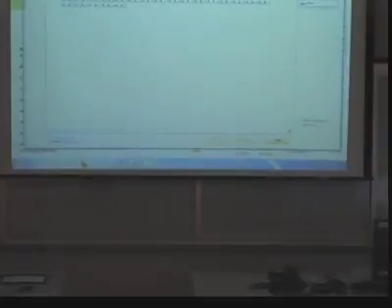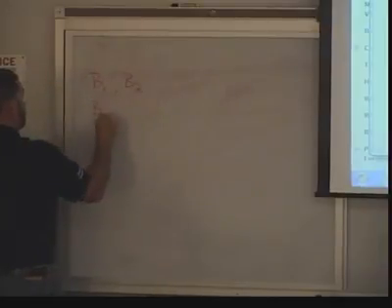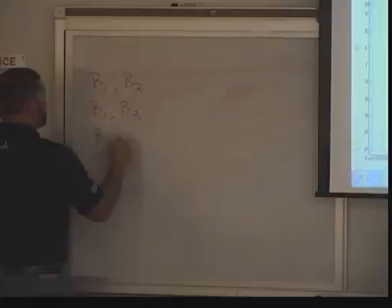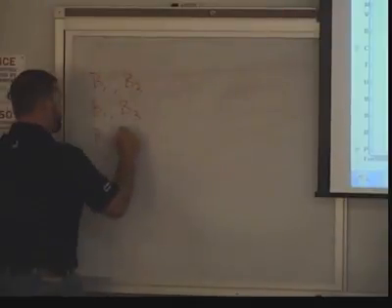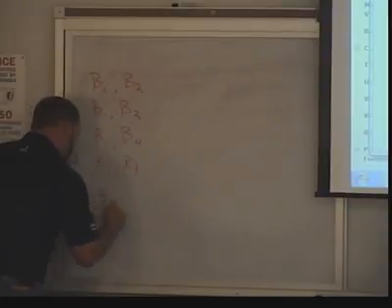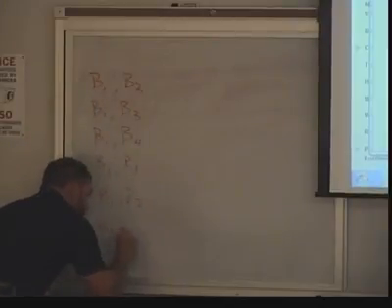So you would do B1 with B2, B1 with B3, and then B1 with B4, and then red 1, red 2, and red 3. So B1 with red 1, B1 with red 2, and B1 with red 3.